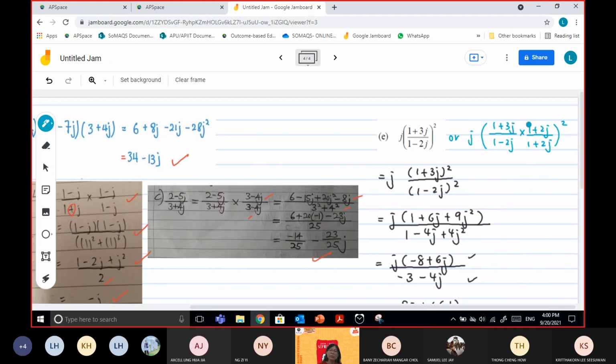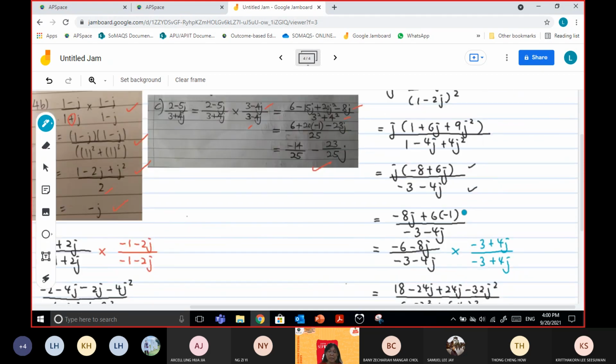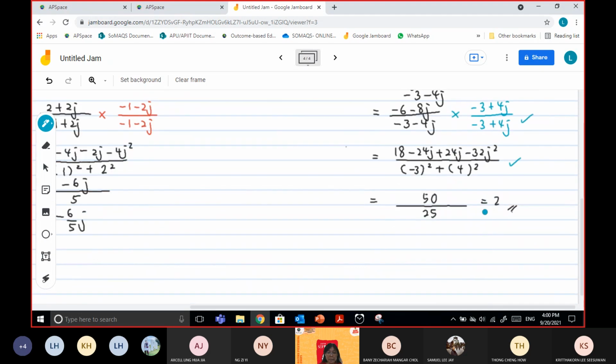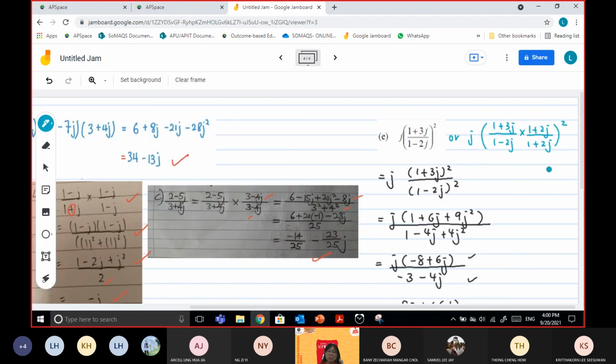You can deal with the one inside the bracket first, then at the end you square it also. For me, the method I'm showing just now, I square first for the top and the bottom, then I deal with the complex conjugate, then I expand it and I get 2. If you are using this way, at the end you will get the answer of 2 as well.